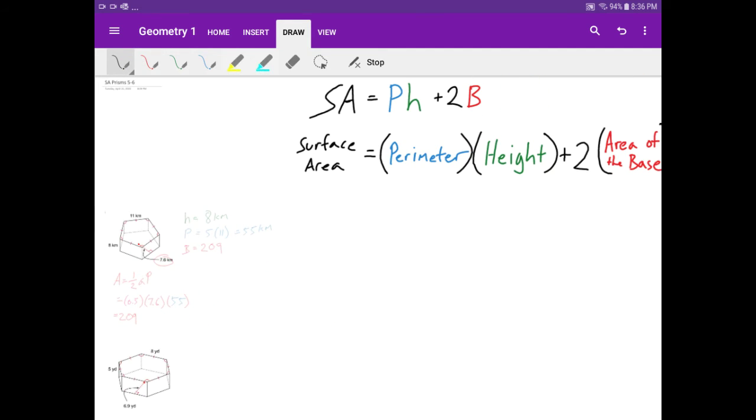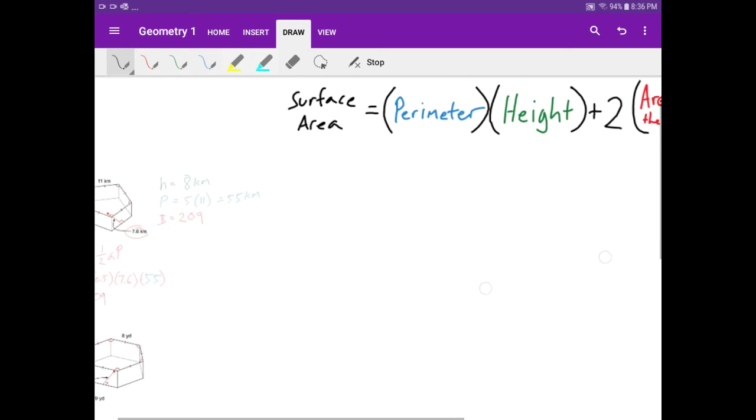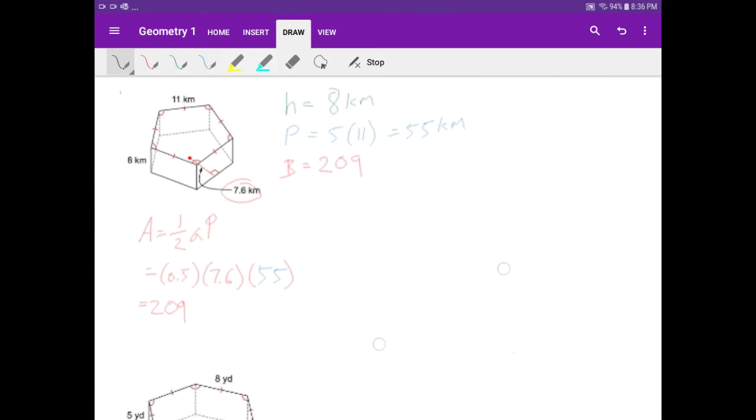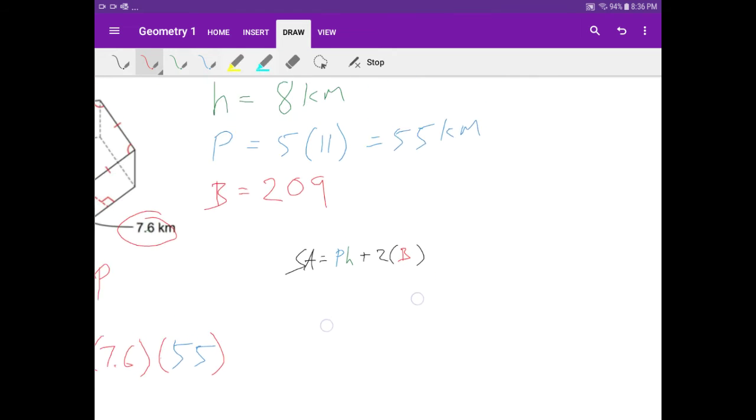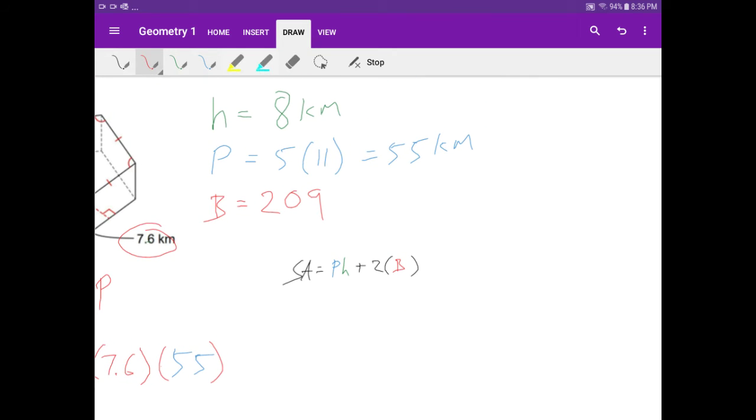So here's the formula. Surface area equals PH plus 2B. So for the answer here, surface area equals P times H plus 2 times B. So let's plug in our numbers. Perimeter is 55.